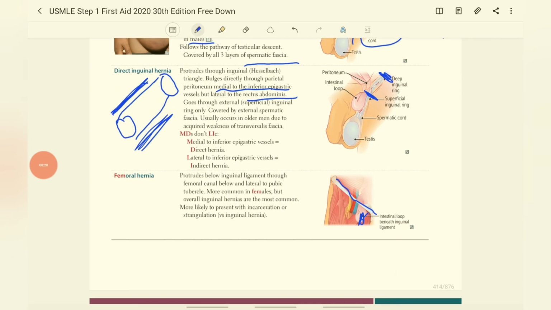This femoral hernia is mostly associated with females more than males. In the case of the femoral hernia, we can see more incarceration, meaning it is going out through the weak area, or strangulation, which undergoes necrosis. These are most commonly seen in femoral hernia than in inguinal hernia. But comparing femoral and inguinal hernias, there are more cases of inguinal hernia. Inguinal hernia patients are mostly seen in the world more than femoral hernia.